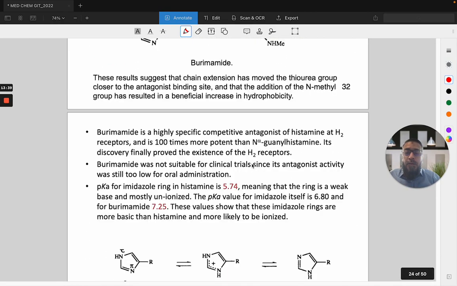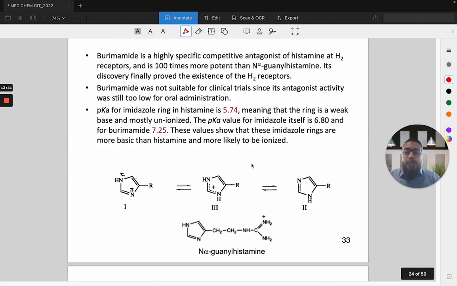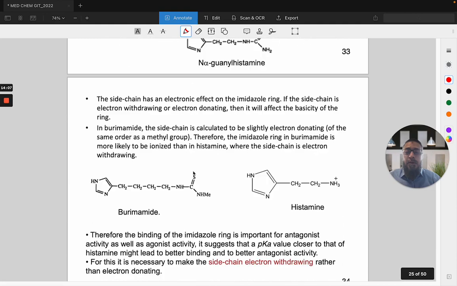So the pKa value of the imidazole ring in histamine is generally 5.74, meaning it is a weak base, right? And the pKa value of imidazole itself is 6.8, and for burimamide is 7.25. This value shows that the imidazole ring is more basic than histamine and more likely to be ionized.